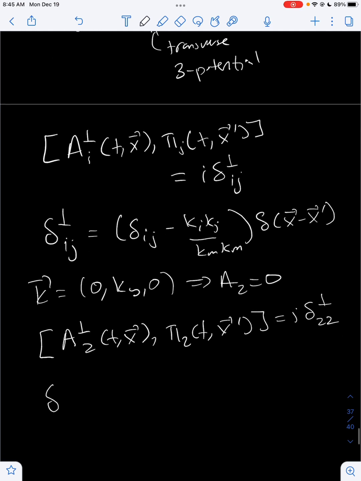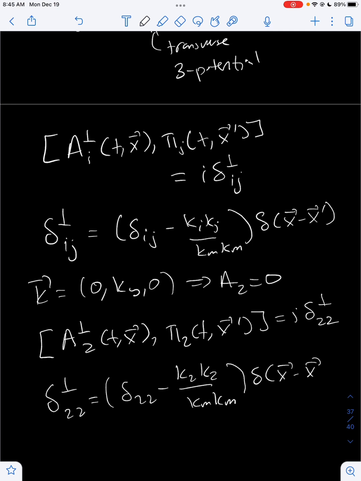So the transverse delta 2, 2 is just delta 2, 2 minus k2 k2 over km km, delta of x minus x prime.